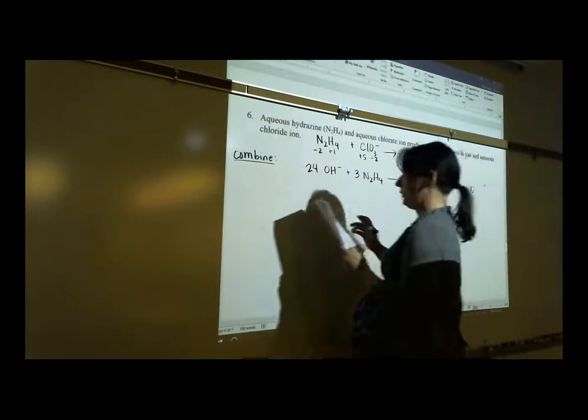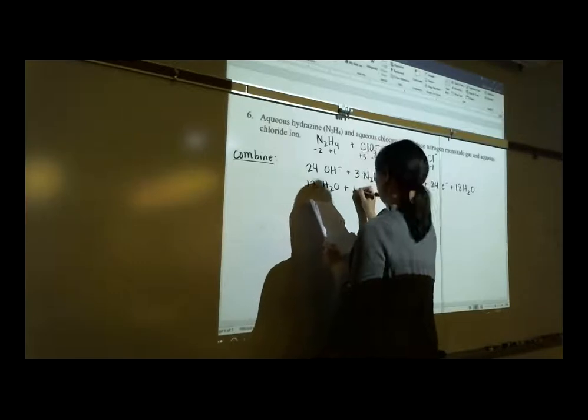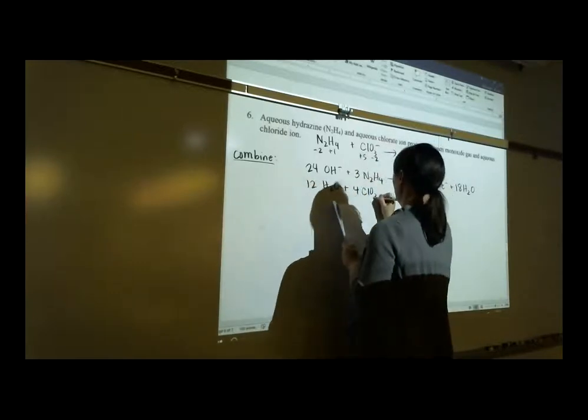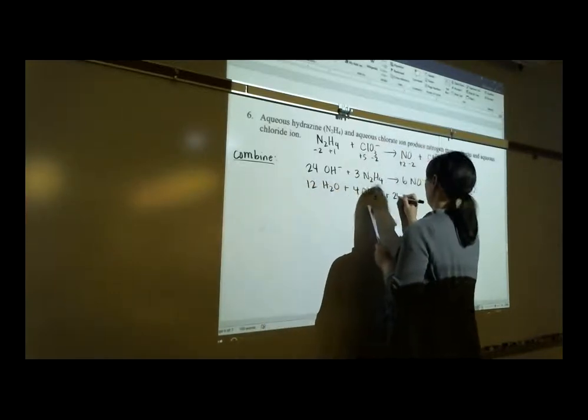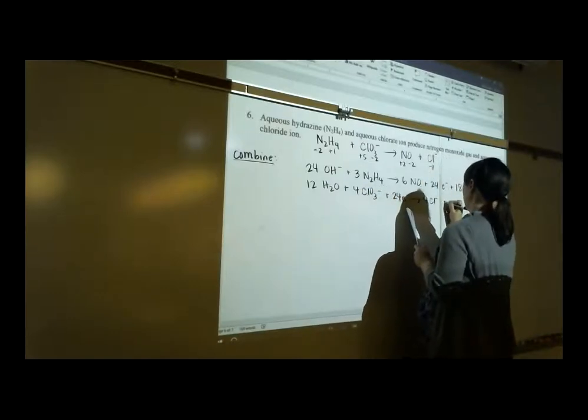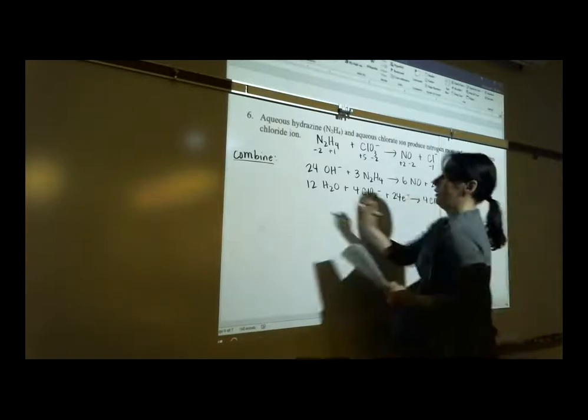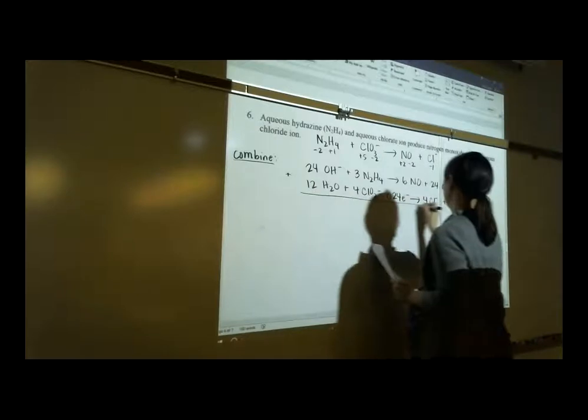And then we've got 12 H2O, 4 chlorates, 24 electrons, 4 chloride, 24 hydroxide. All right, ran out of space.